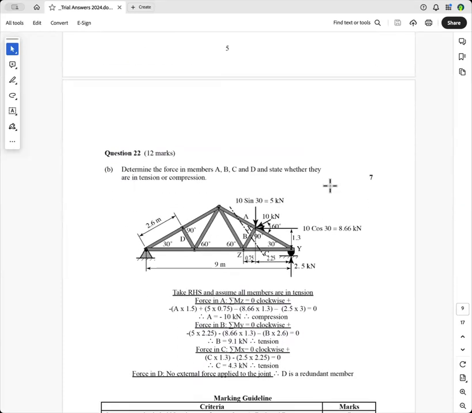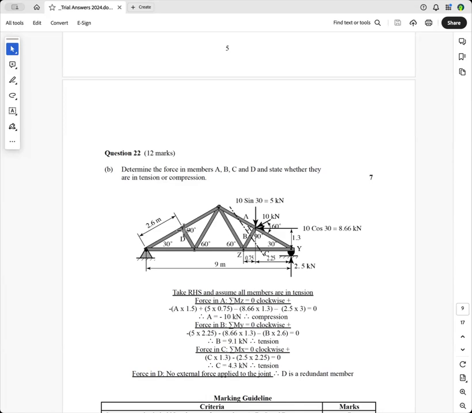Now, this is a difficult question because you can see that it's worth 7 marks here. And so you've got to find the force in member A, member B, member C, and member D over here.